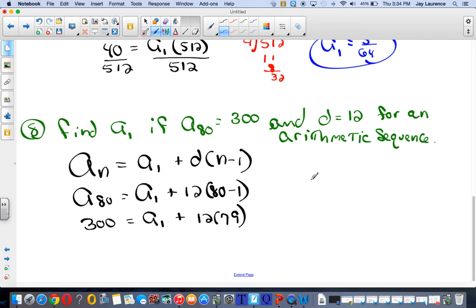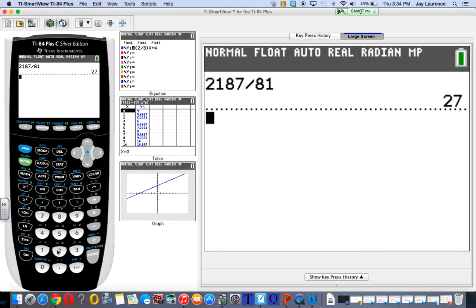All right, well, let me see here. 12 times 8 is 96, isn't it? 960. Take away 12 is going to be 948. I believe that 12 times 79 is 948. Let's try it. Oh, I'm in draw mode. Sorry about that.